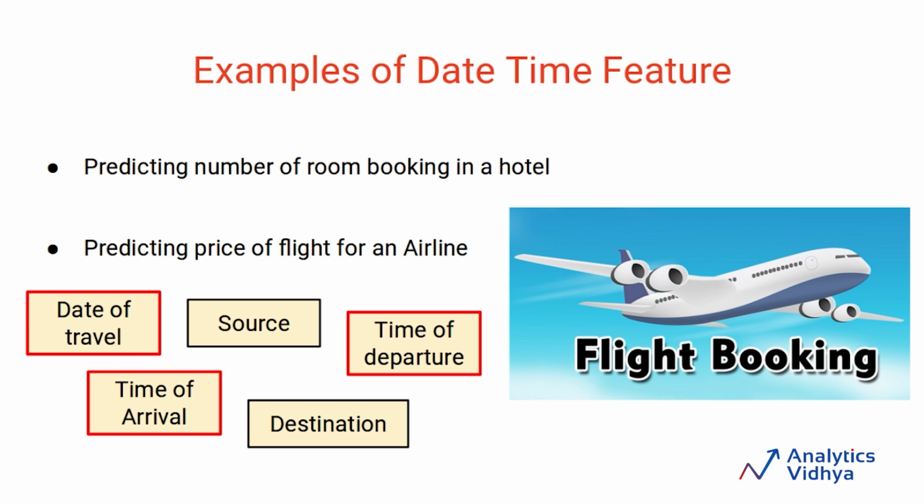The time of arrival and departure of the flight or the source and destination. Also, the date of travel, whether it is off-season or a holiday season, can be an important factor. We have three date time based features: date of travel, time of arrival and departure. Note that using the time of departure and time of arrival, you can determine the travel duration of the flight as well.